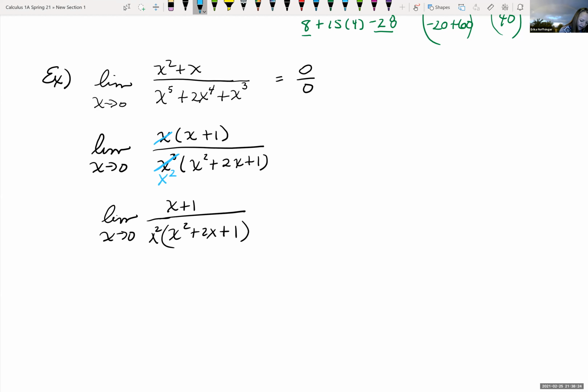But now when we do our direct substitution, notice 0 times anything is 0. In the numerator, I have 0 plus 1, so that's going to give me 1. And 0 squared is 0, times 1 is 0. So this is undefined.